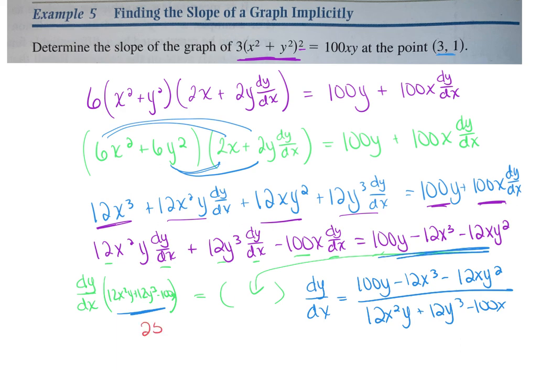So you see you have 25y minus 3x cubed minus 3xy squared over 3x squared y plus 3y cubed minus 25x. You can reduce it if something comes out of every single piece of it, right? And then at that point, you would just plug these into your x's and y's and get a slope. And I think they get like 13/9, something crazy, when they plug it in.